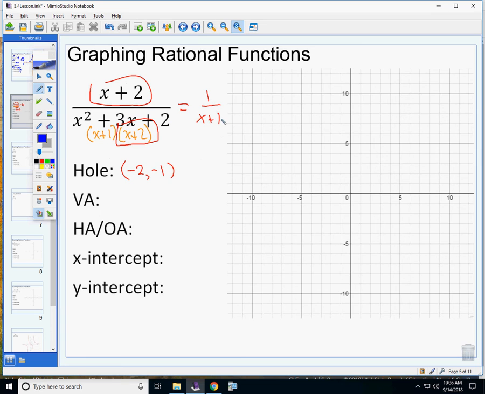Which means now we are looking for, where does this equal 0? Because we already accounted for the x plus 2. Now we just got to account for the x plus 1. So x plus 1 equal to 0 means x would equal negative 1. That's our vertical asymptote. So normally we'd have 2 vertical asymptotes, but because this reduced with the top, it became the hole.